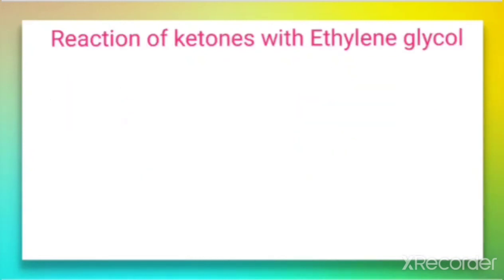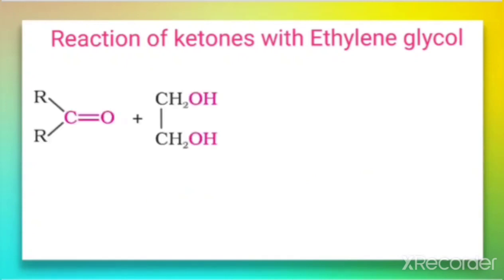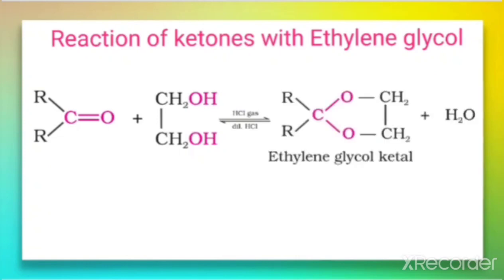Next is the reaction of ketone with ethylene glycol. The reaction of the ketone, represented here as R2C double bond O, with ethylene glycol. This is the formula for ethylene glycol. The ketone reacts with ethylene glycol under similar conditions, in the presence of HCl gas and dilute HCl, to form a cyclic product which is called ethylene glycol ketal.